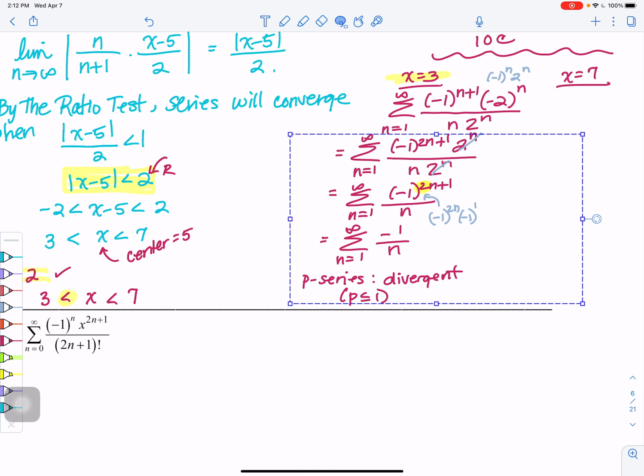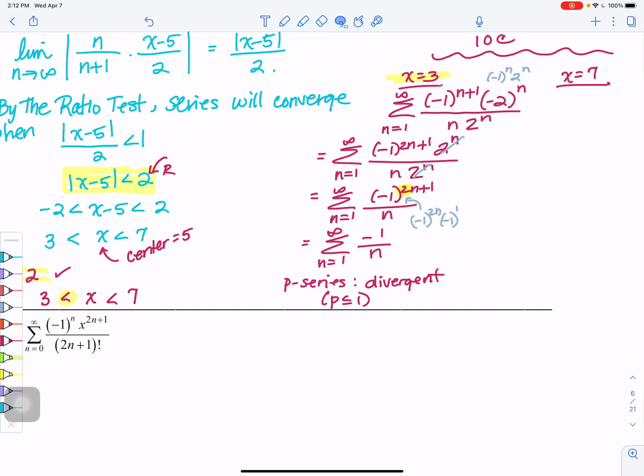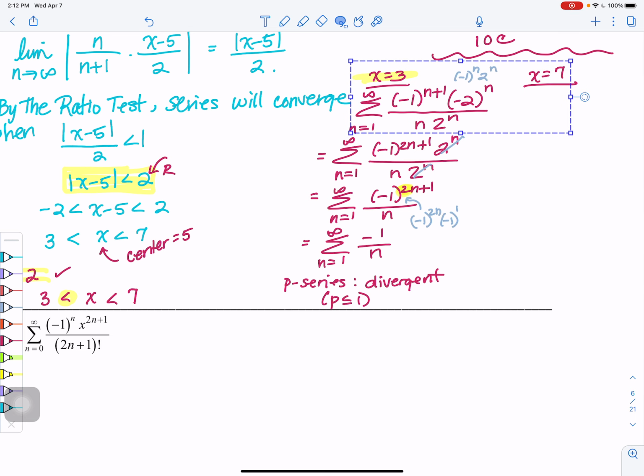Maybe just moving this over might be a little helpful. There we go. Now we have a little room for when x is equal to 7.